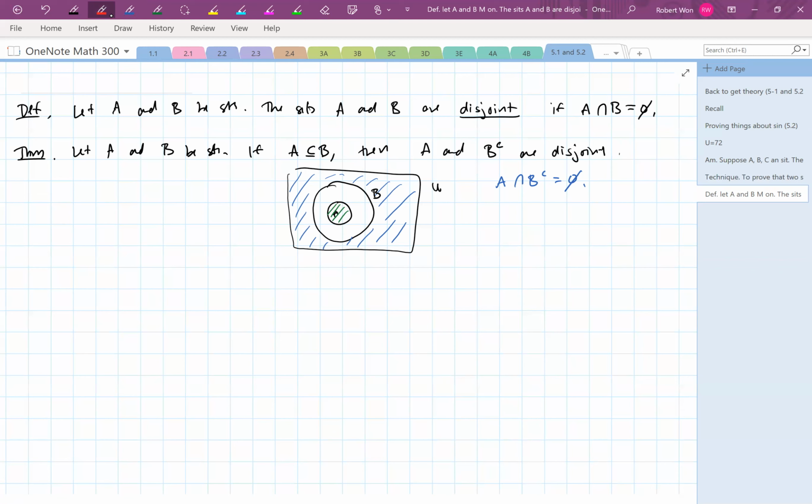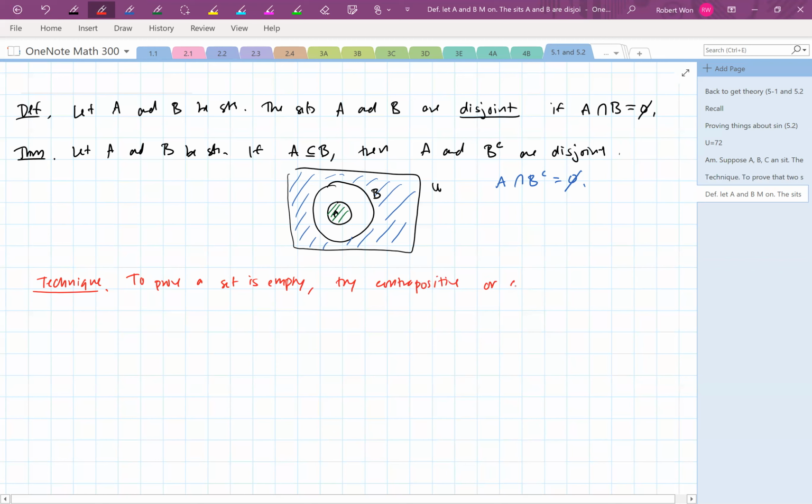So this is like a meta technique: to prove a set is empty, try contrapositive or perhaps contradiction. Maybe I shouldn't call this a technique because it's not really a technique. Let's call this a pro tip.